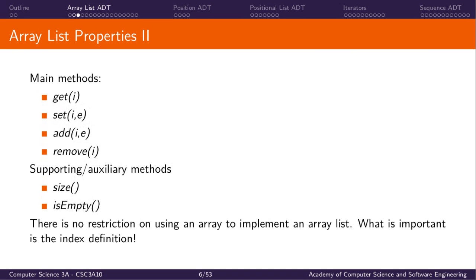So the main methods of the array list: you see now that we use an index to access elements within our list, and also do operations like adding and removing from our list.